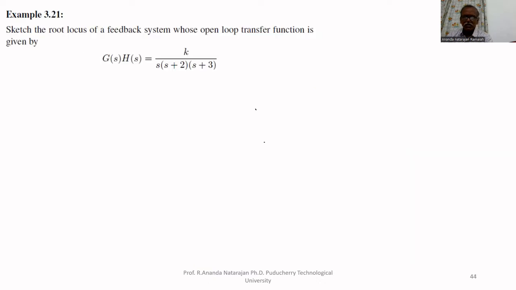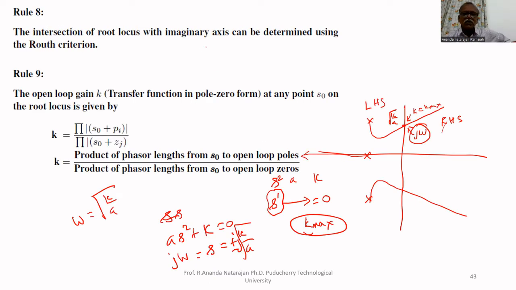9th rule. What does the 9th rule say? The 9th rule is to find the value of K at a particular point on the root locus. Suppose I want to design a control system whose zeta must be 0.7. We know zeta equal to 0.7 means theta equal to cos inverse of 0.7, that is equal to 45.5 degrees.